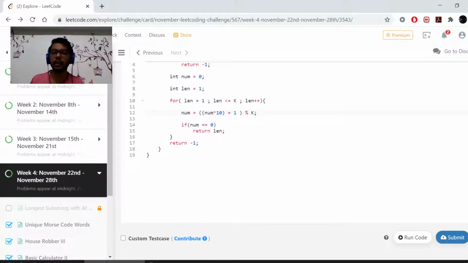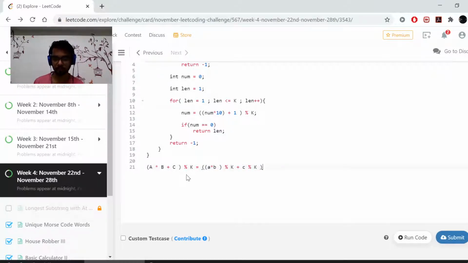You all know that (a times b plus c) modulus k is equal to ((a times b modulus k) plus (c modulus k)) modulus k.